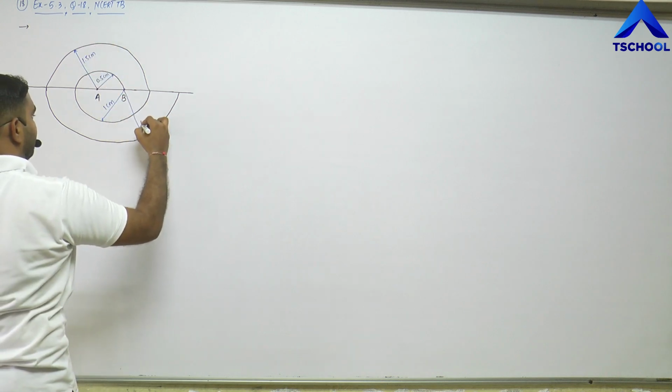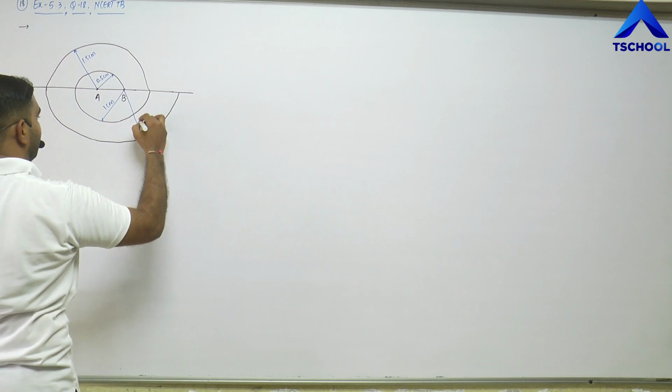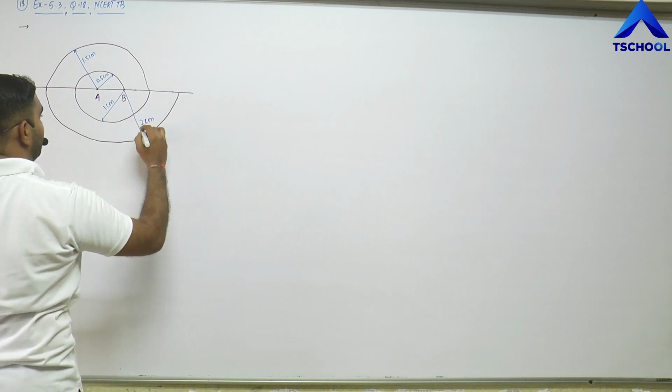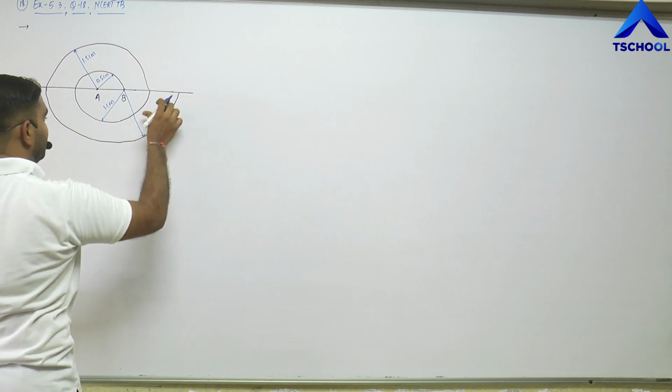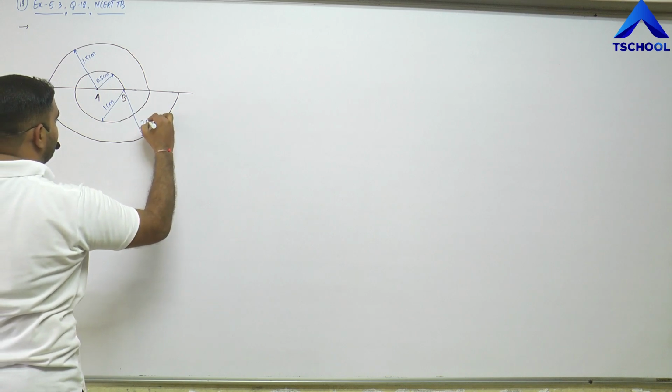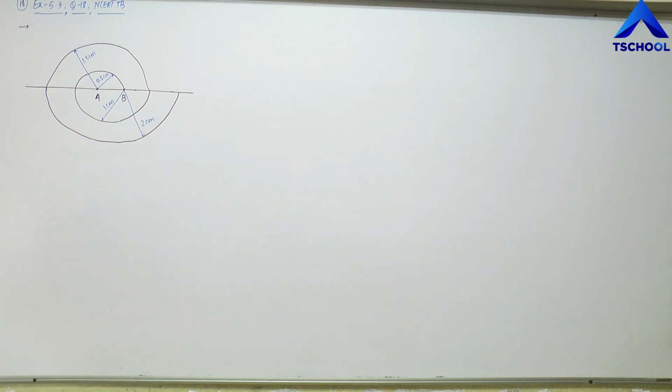With B as center, we have made another semicircle of 2 centimeter, right? So friends, you can see that these semicircles are of different radii. With the first one, the spiral starts from point B, centered at point A.